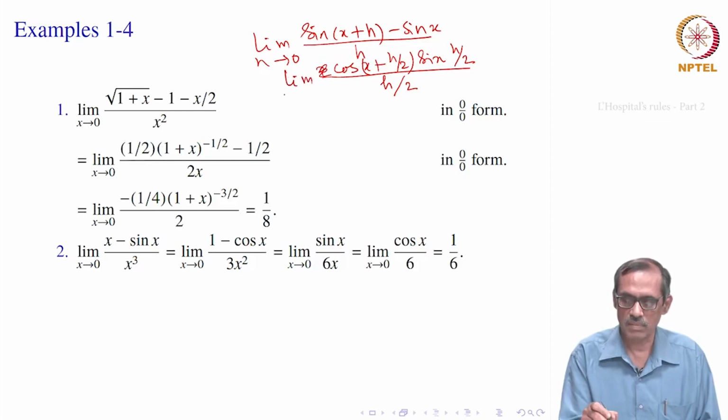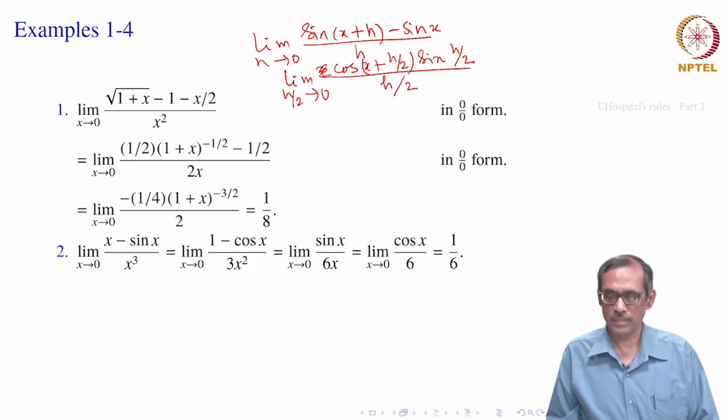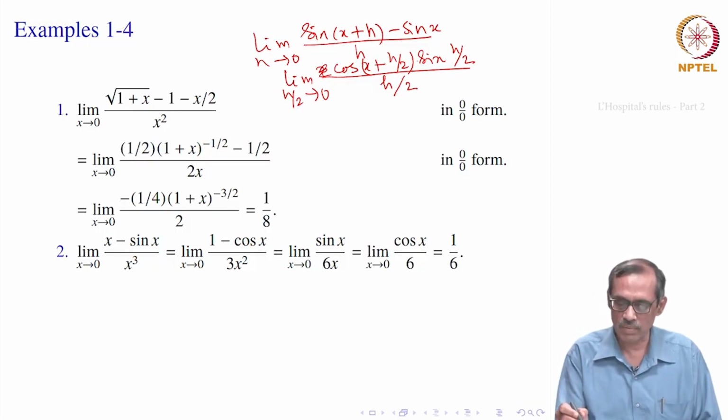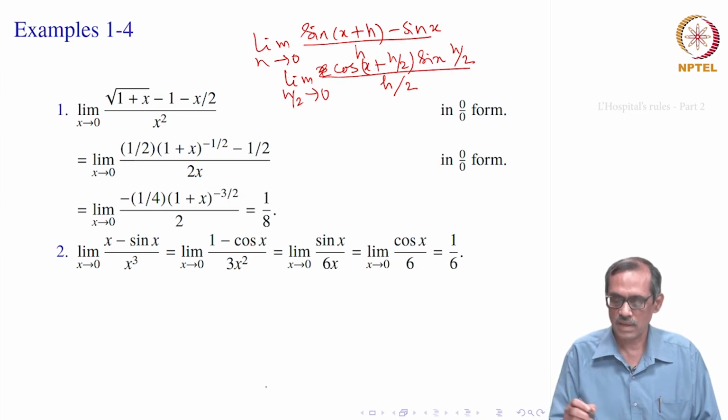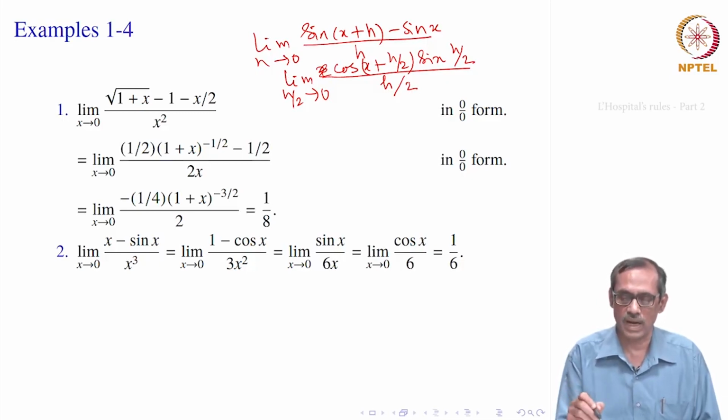This is the same thing as the limit as h by 2 goes to 0. Now, you see cosine of (x plus h by 2) as h goes to 0 gives you cosine x. And what about sin (h by 2) by (h by 2)? It is of the sin theta by theta form, right. That we had proved independently to be equal to 1. Therefore, this will give us cos x.